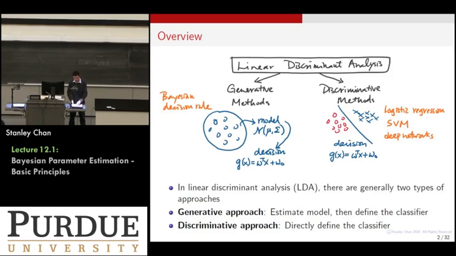And then we are using this general principle, which is called linear discriminant analysis, within which we are looking at generative models, meaning that we are going to look at the data and then come up with a model, estimate the model parameter, and then define the separating hyperplane. Afterwards, we are going to spend some time talking about discriminative methods, which don't really rely on models. Okay, so you are going to define the separating hyperplane strictly from the data set.